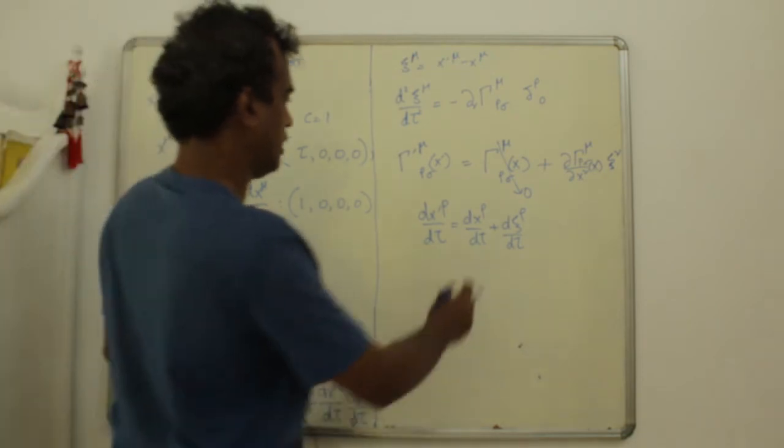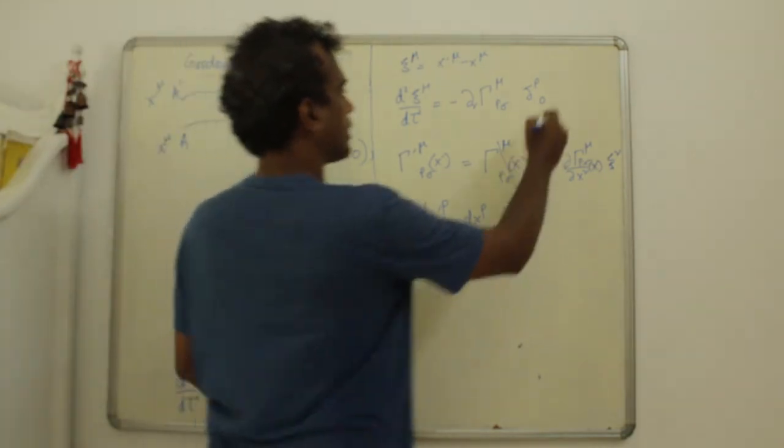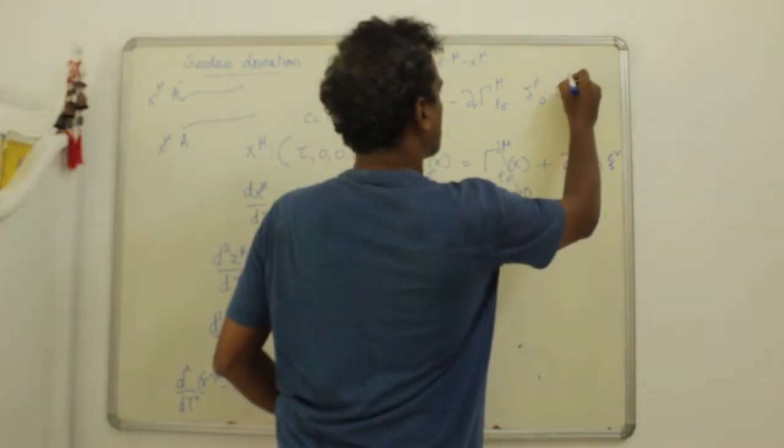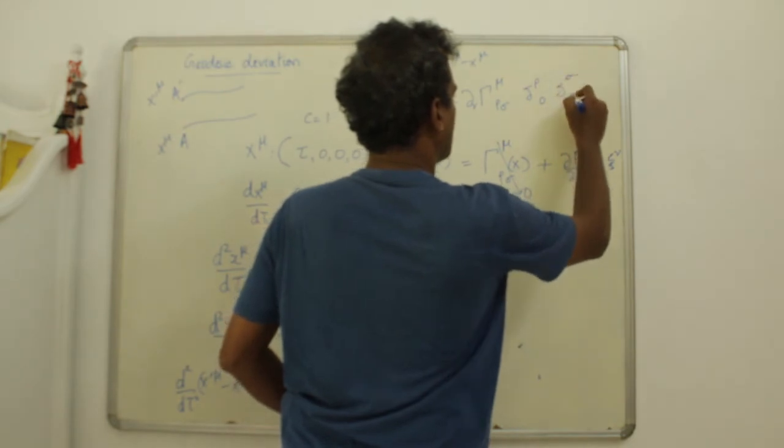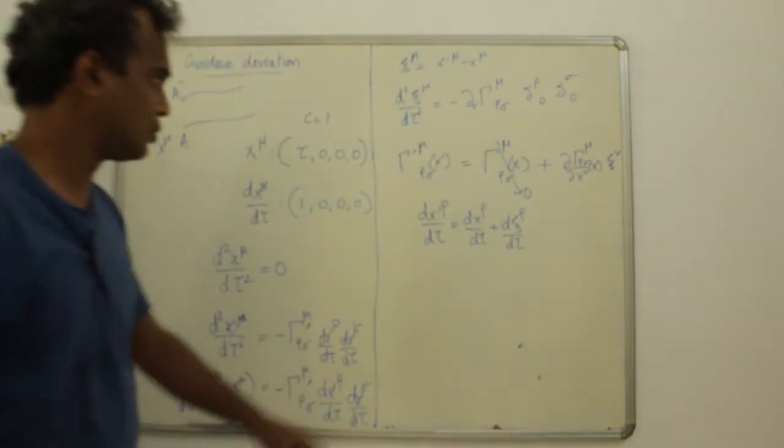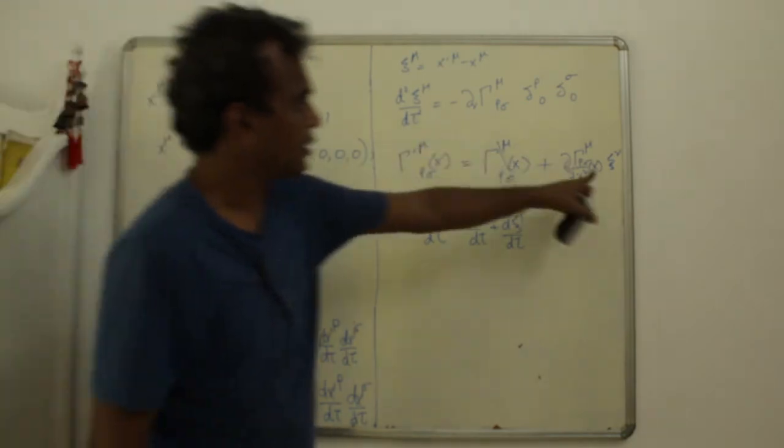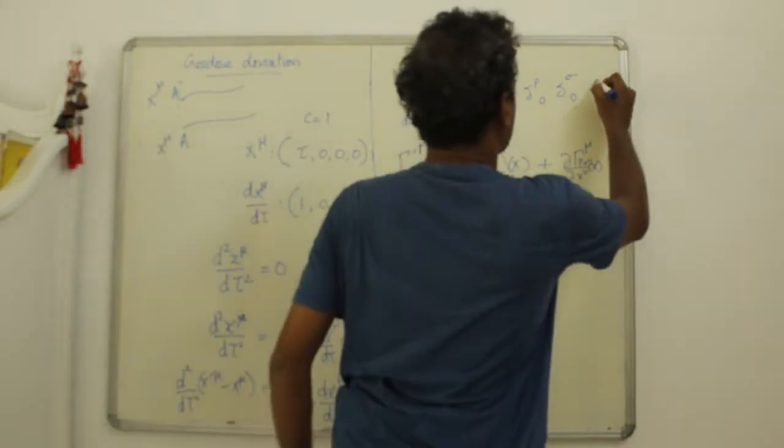And again, for this factor I have one more delta sigma 0, in addition to the factor of psi nu coming from this.